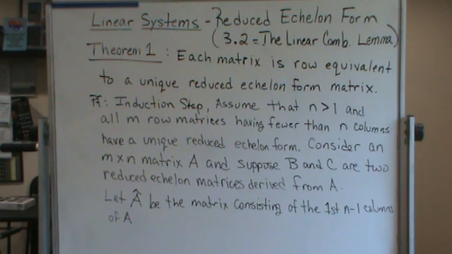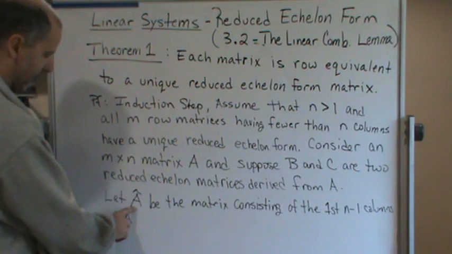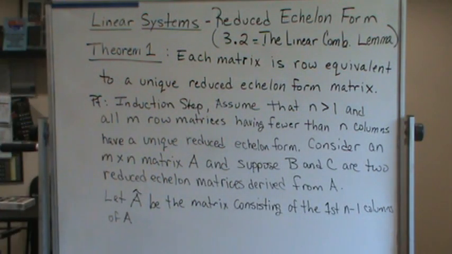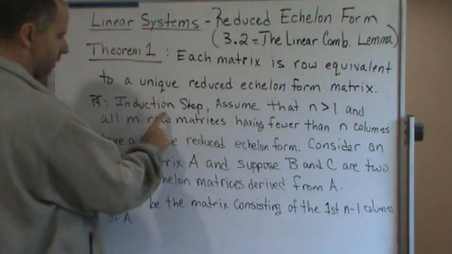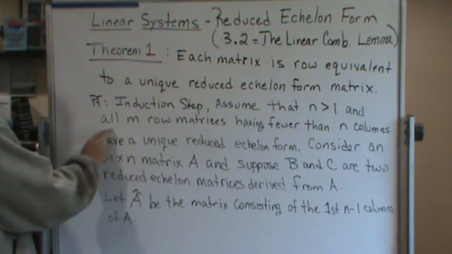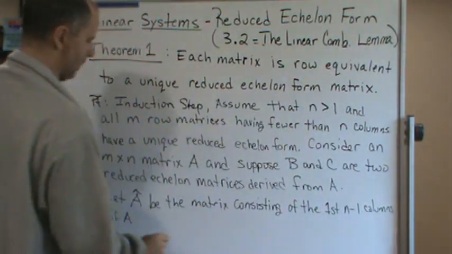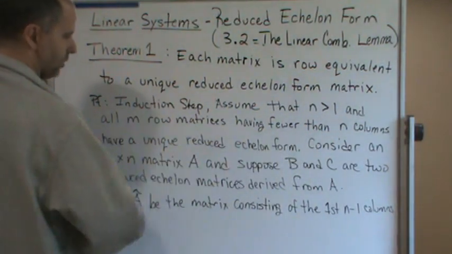Now, by the induction hypothesis, this reduced echelon form for A hat is unique, because A hat has fewer than n columns, and through the induction step, it says assume that n greater than 1 and all m row matrices having fewer than n columns have a unique reduced echelon form.